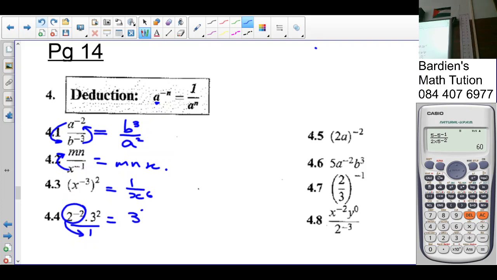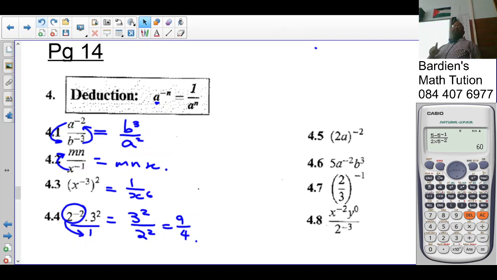So it's going to be 3 squared over 2 squared. And what is 3 squared? What's 3 squared? 9 over. Okay. 9 over 4. Any confusion there? Yes? No questions?